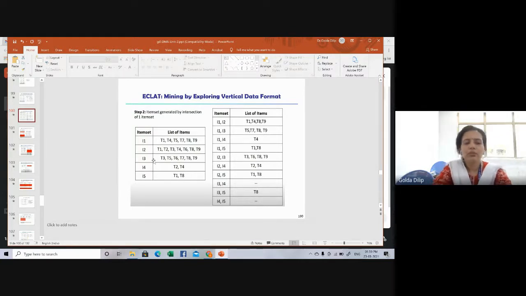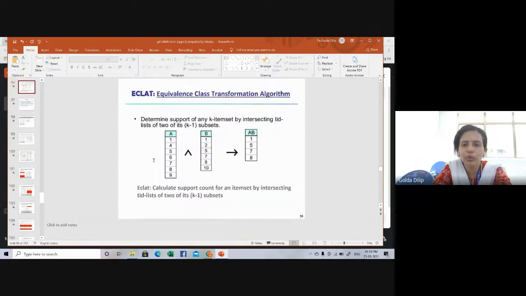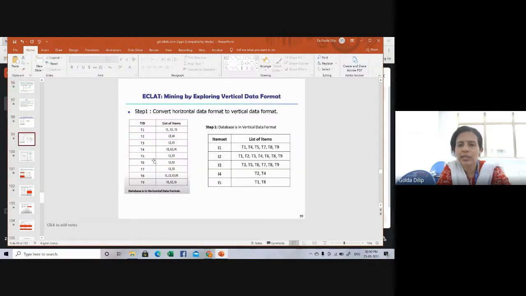Okay, so when we take I1 and I2, how do we do that? We will have to use our intersection concept, which I have told you about here. See, the transactions which are commonly present in I1 and I2, that alone will come here. So that intersection concept has to be taken into consideration.